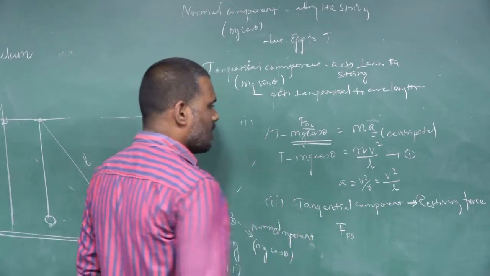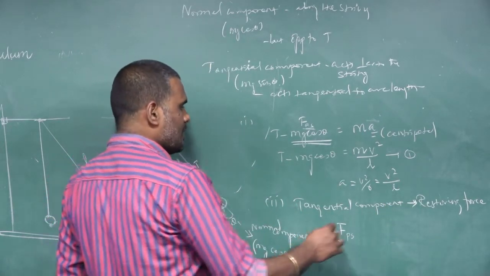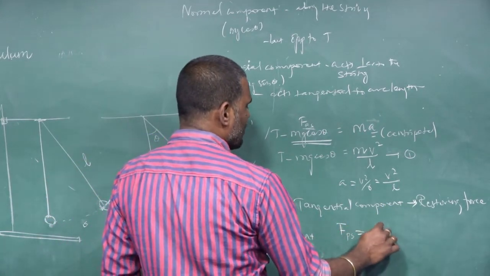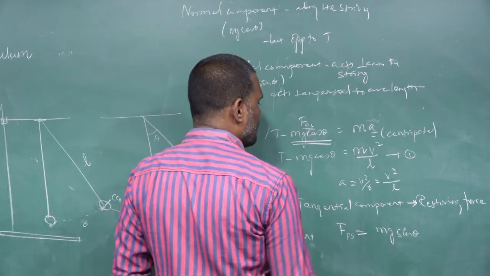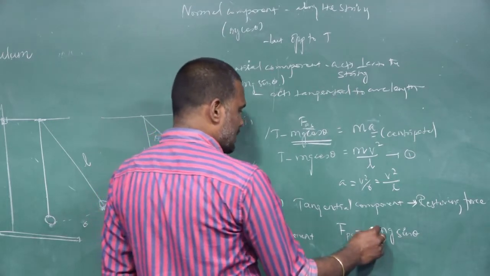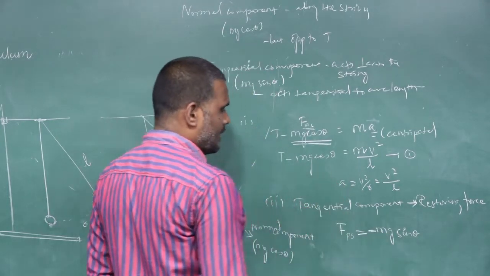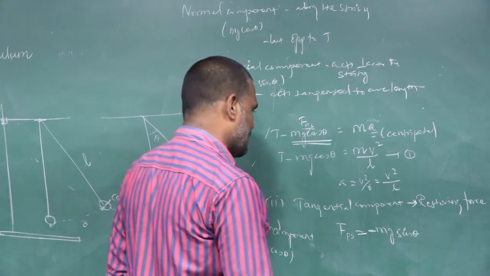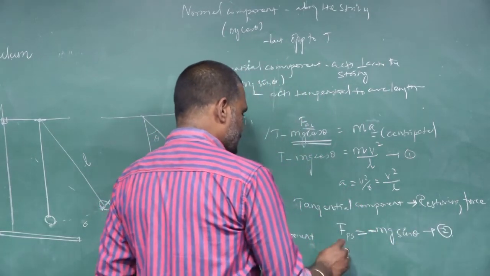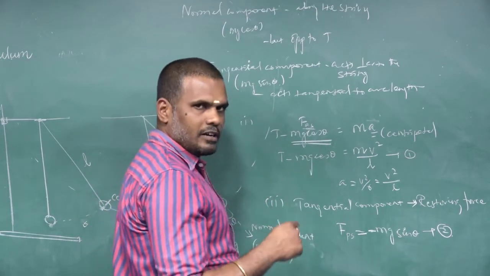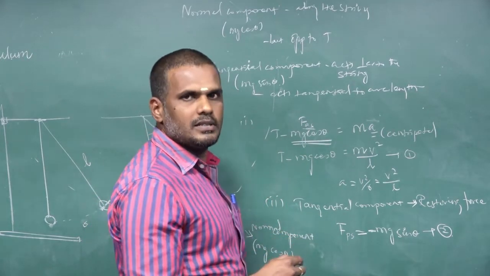So this tangential component, which acts as the restoring force, can be expressed as F_PS equals mg sin theta, but it has to be introduced with a negative sign, minus mg sin theta. And this force must be equated with the product of mass and acceleration as per Newton's second law.